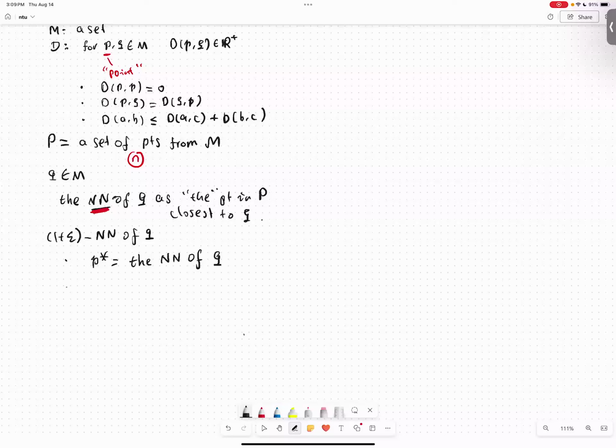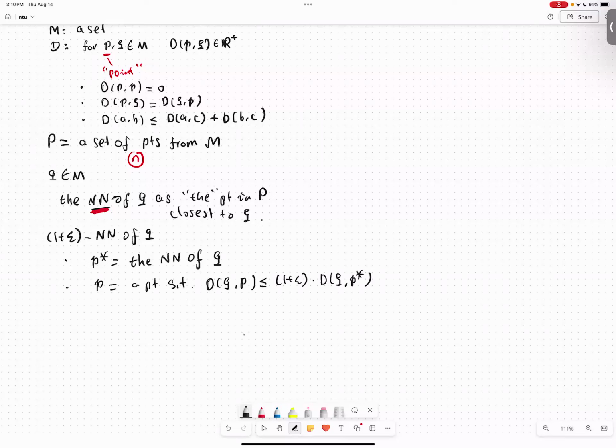So we are interested in a point such that the distance between Q and P is no more than 1 plus epsilon times the distance from Q to its nearest neighbor. In this case, P is defined to be a 1 plus epsilon nearest neighbor.